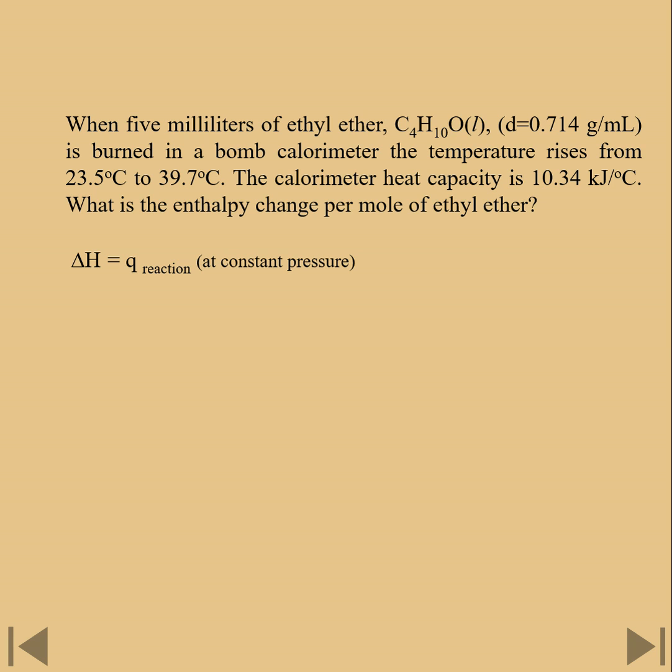Q of the reaction equals negative Q of the calorimeter, which is equal to negative big C of the calorimeter times delta T. Once again, we are given big C. Make sure you put your temperatures in the correct order, where you finish minus where you began. And I generate negative 167.5 kilojoules.